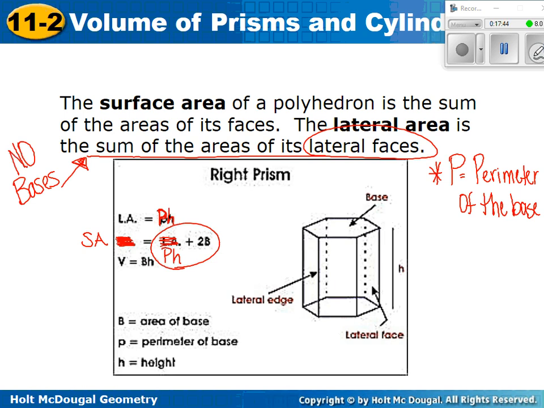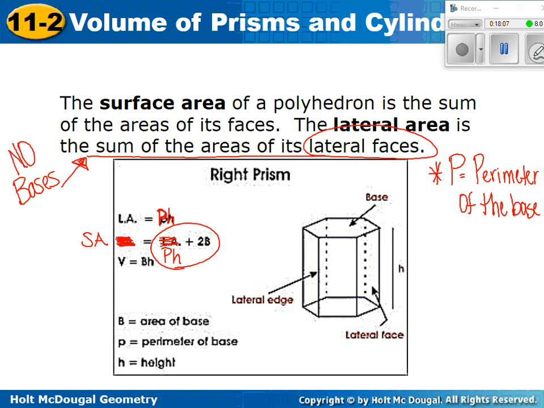Okay, one more time. Lateral area is everything except what? The bases. So again, I want you to add this to your formula sheet. What part of this formula is the lateral area? The capital PH. So on your formula sheet, I would circle this part and write, this is my lateral area.